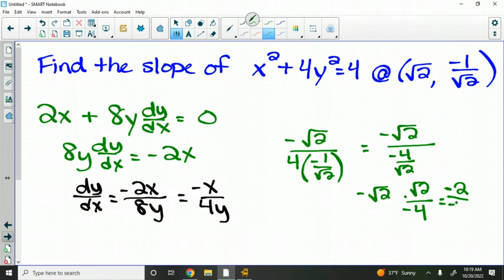And on the bottom we have negative 4. So that comes out to be a nice 1/2. That's my slope at this moment in time. So when we're dividing, we can multiply by the reciprocal. Okay. Anything else on this one right now you're thinking of? All right, let's start another one. I feel like this is getting too easy already.